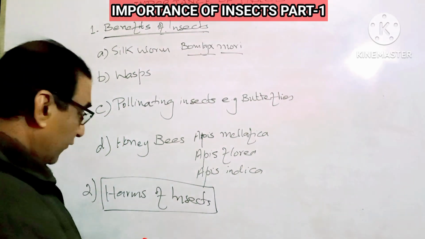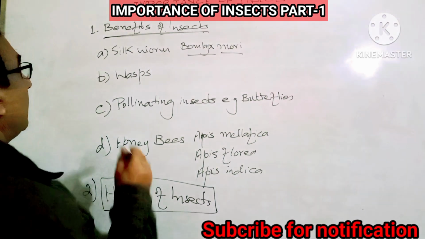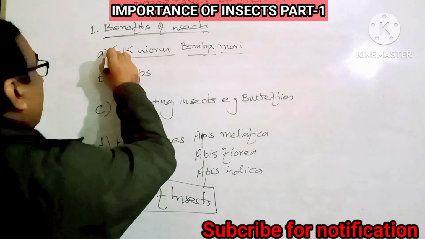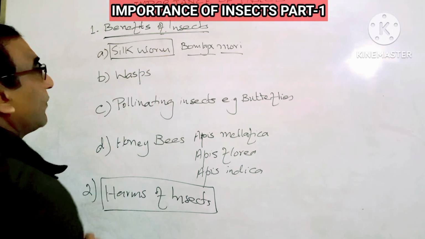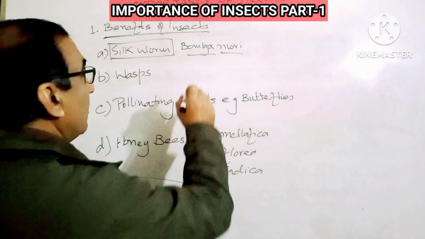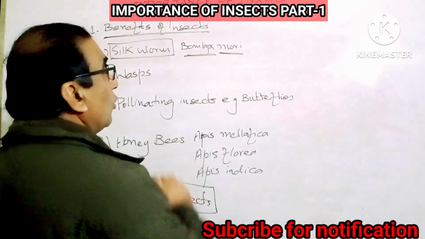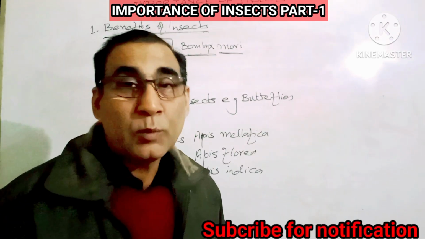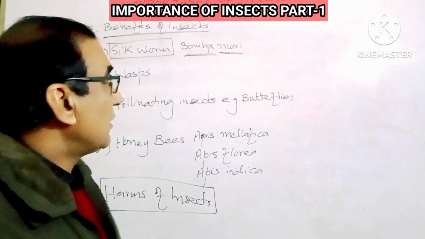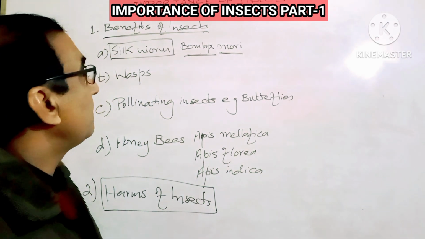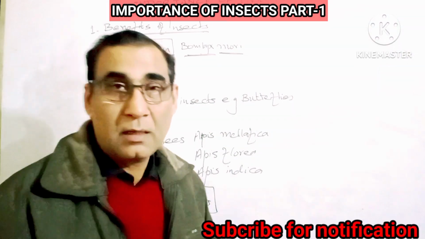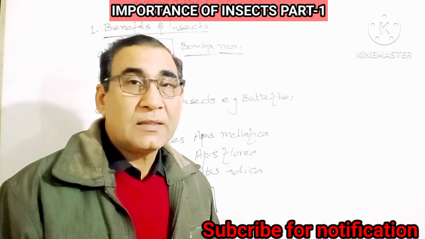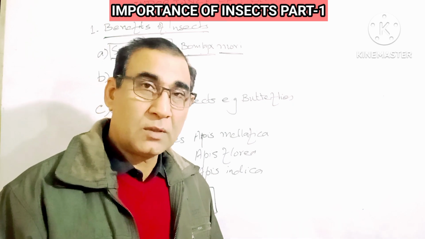First of all, let's discuss the silkworm. Its biological name is Bombyx mori, because it is found on Morus alba, which is known as Shatut.